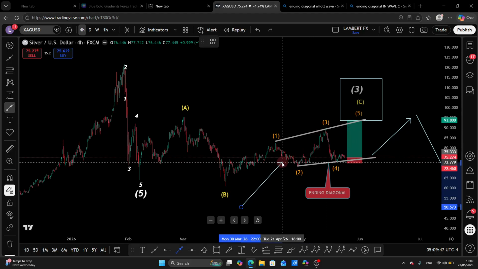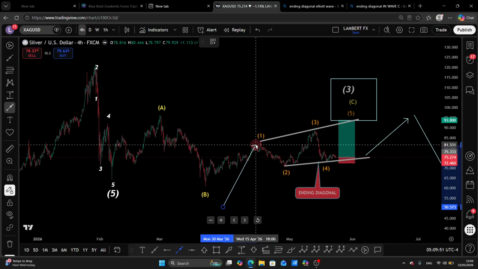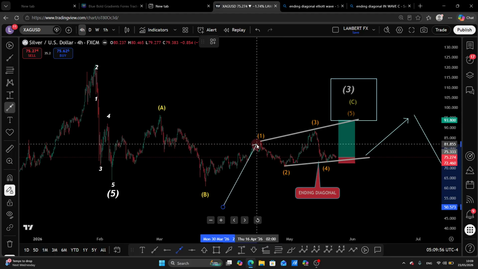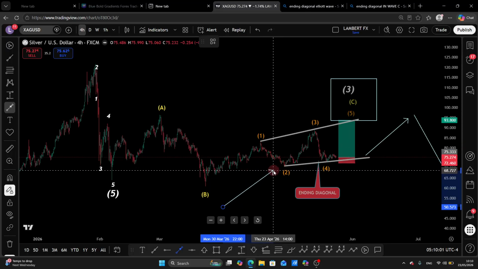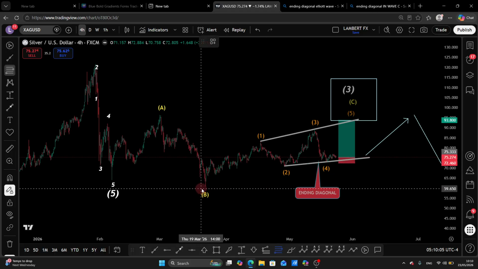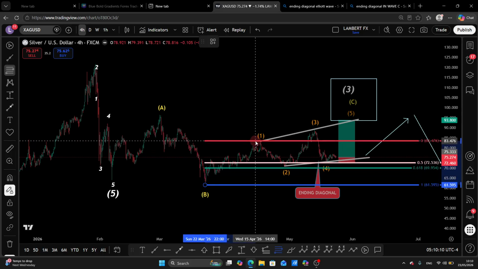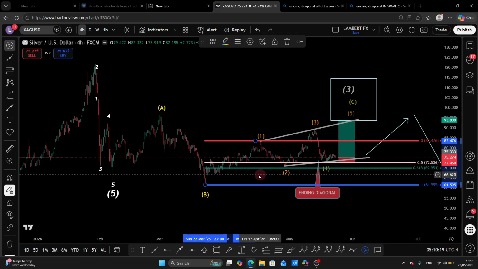And the leg 2 generally is between 50% to 85%, but in most occurrences you see between 50 to 61.8. If I measure using my fib retracement from the start of leg 1 to where leg 1 ended, you would see that leg 2 finished between the 50 to 61.8 fib retracement.